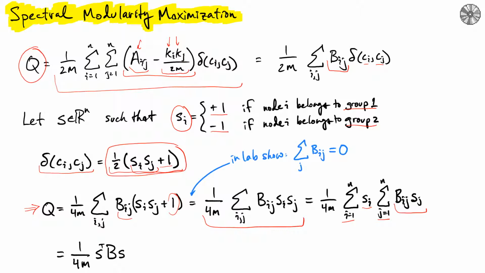You're summing up over j, so this represents the product of B times s, and you're getting the ith element from that. Then multiplying s_i with this term is another vector-vector multiplication, and so this boils down to this quadratic form, s transpose B s.